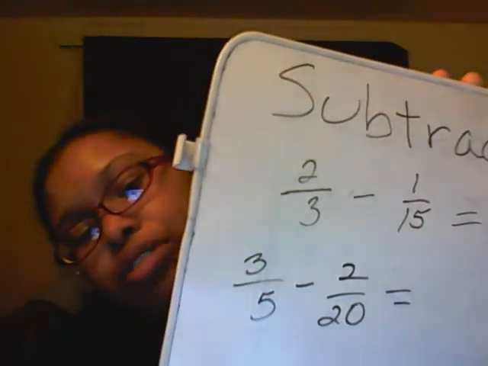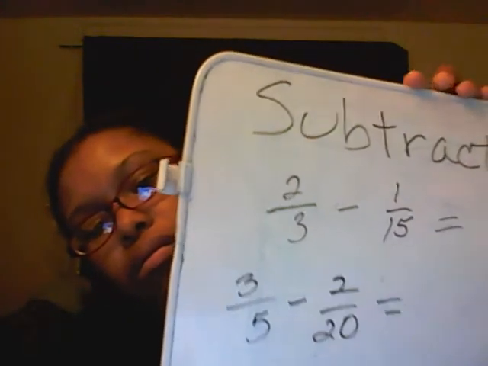Good job. And how did you get that? Right. We use division to see how many times one denominator goes into the other. In this case, we divide 20 by 5 and we get 4. So we multiply both sides by 4.